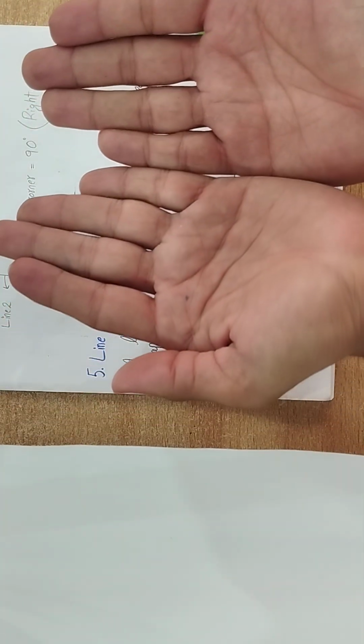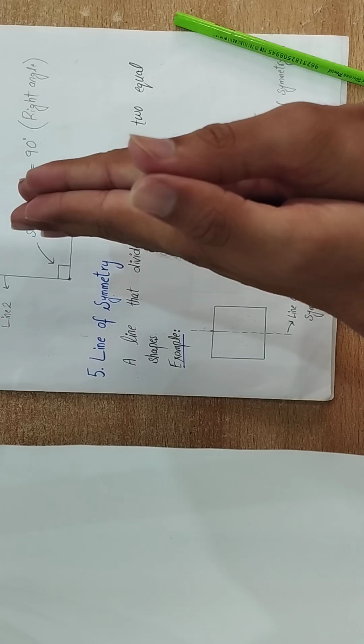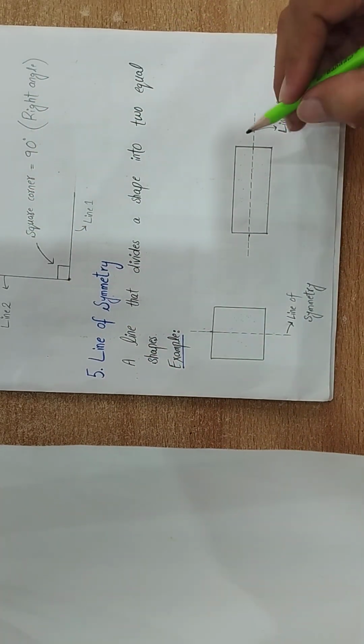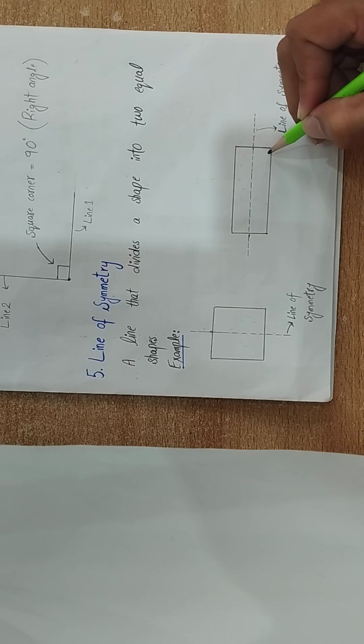Like if I fold these two parts, they are going to match like this. So that's why this line is a line of symmetry for this rectangle: the line which divides the shape into exactly two equal parts that look like the mirror image of each other, which means if you fold one part onto the other part, they will exactly fit onto each other.